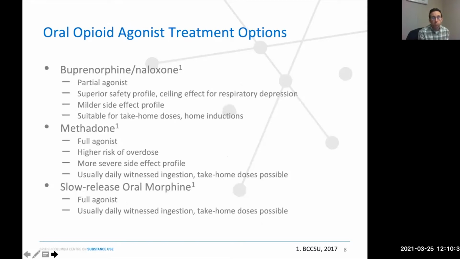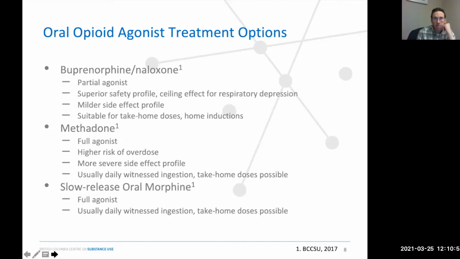So just a very brief review of oral opioid agonist treatment options. These are the three main medications that we use to treat opioid addiction, and they're collectively referred to as OAT. Buprenorphine naloxone is the first one. So it's important to understand a couple main pharmacologic properties of this.